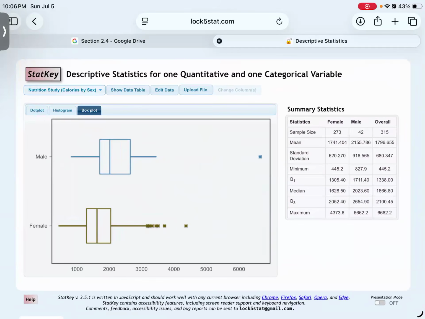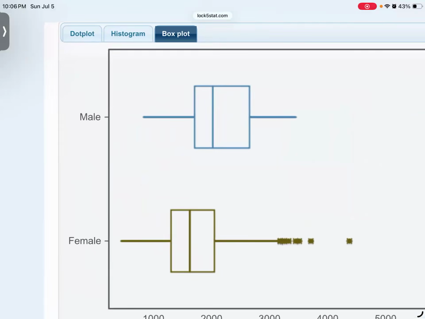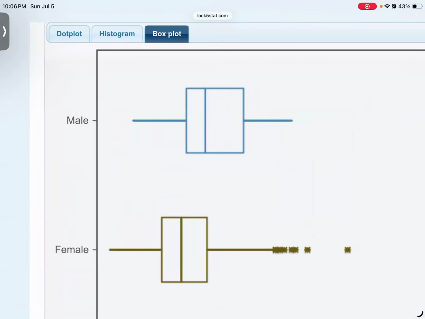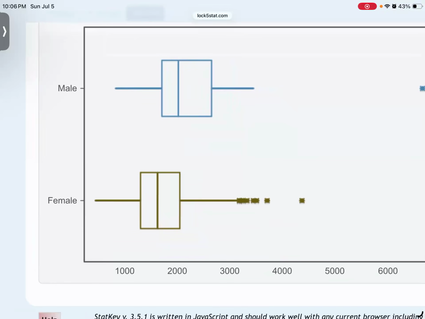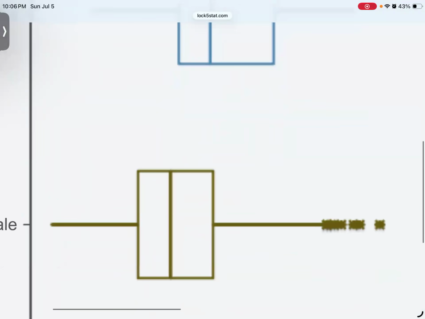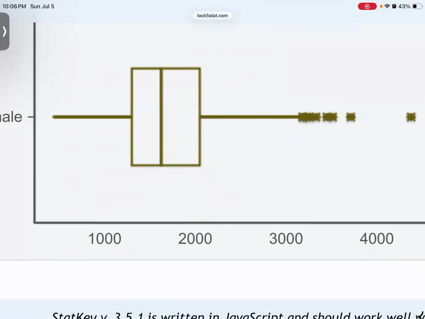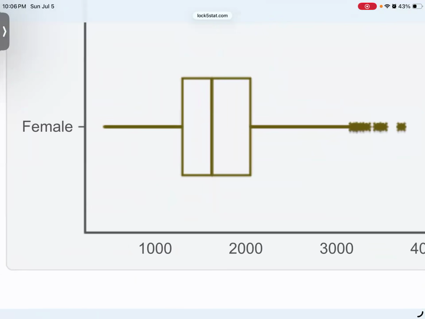Now you can see for the men versus the female who tends to eat more calories, and they're not the same. Just looking here, you can see that the 50% of the blue box is more to the right, kind of straight below for the median. You can see like 2000, and then for the female, this brownish box is kind of like 1500.